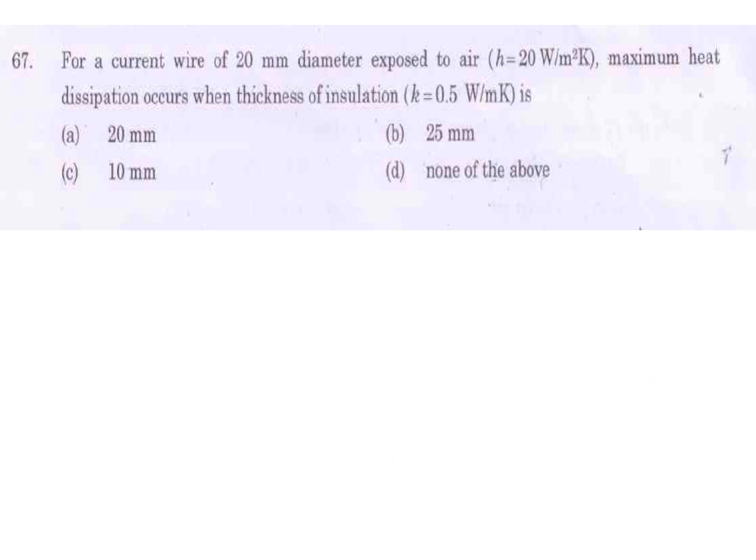For a current wire of 20 mm diameter exposed to air, h equal to 20 watt per meter square Kelvin, maximum heat dissipation occurs when thickness of insulation is, k equal to 0.5 watt per meter Kelvin. It's a wire, which means cylinder.